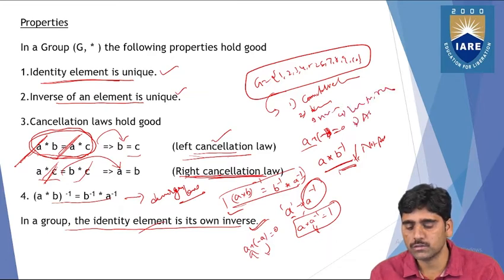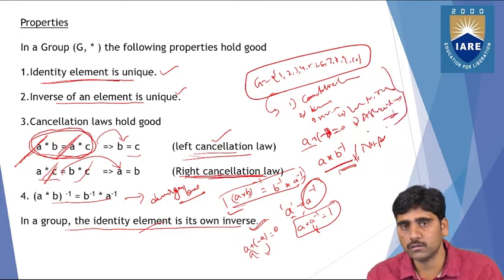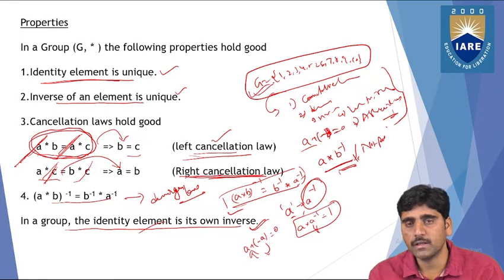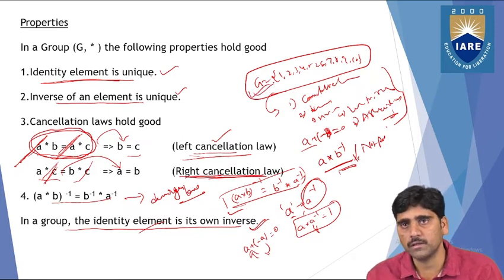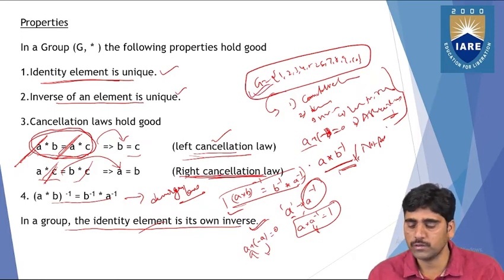Along with this, associativity follows, and all the group properties follow. So if it follows all these rules, then it is said to be an abelian group. So this is the way you can understand.